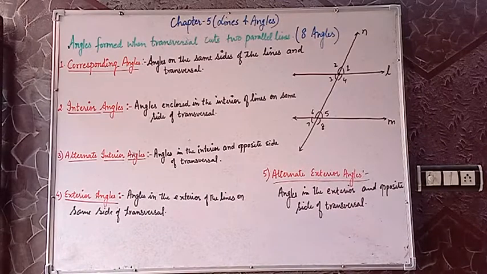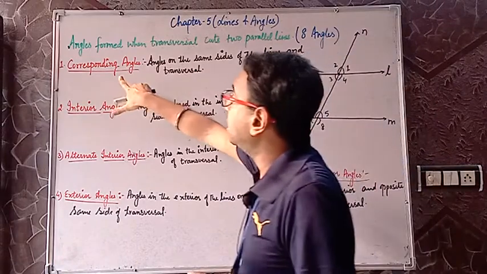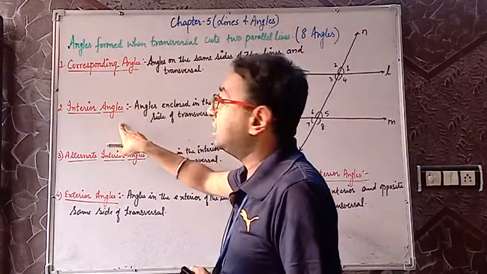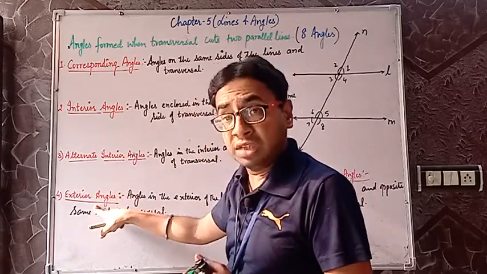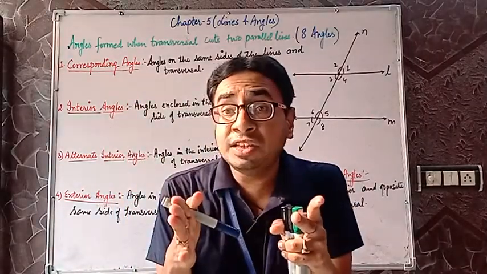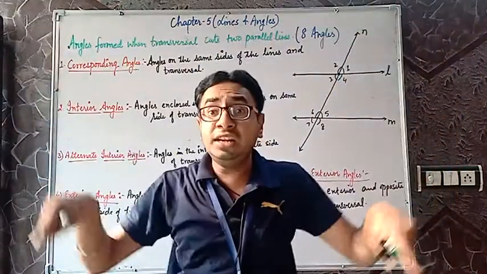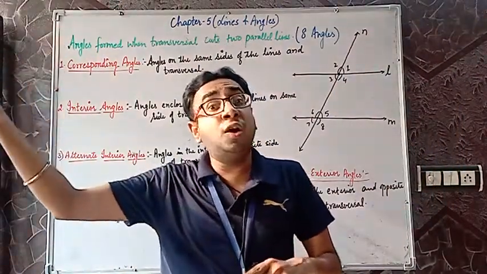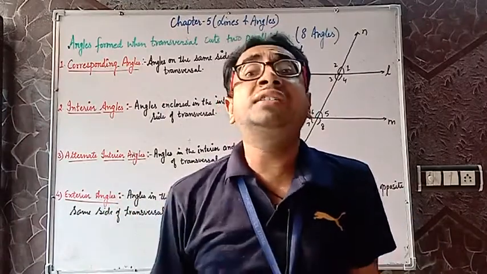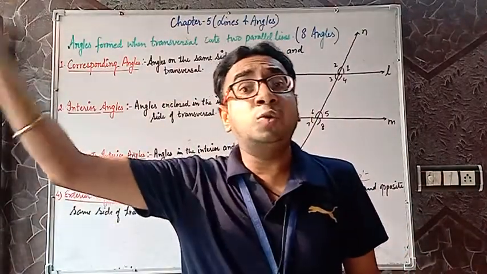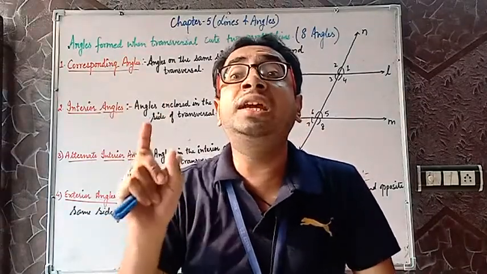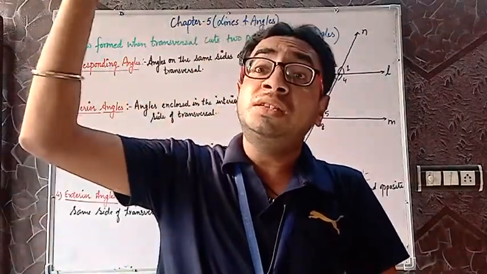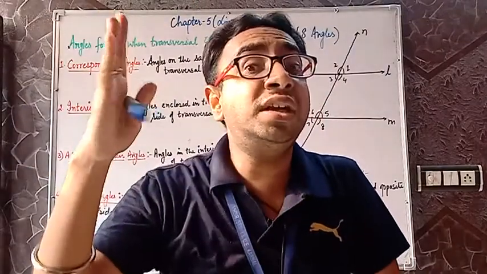This is the first important condition. Clear? Next, what are the various angles formed? Corresponding angles, interior angles, similarly exterior angles. Interior means inside, exterior means outside, like the interior of the room and the exterior of the room. Ex means exit, so exit means out.